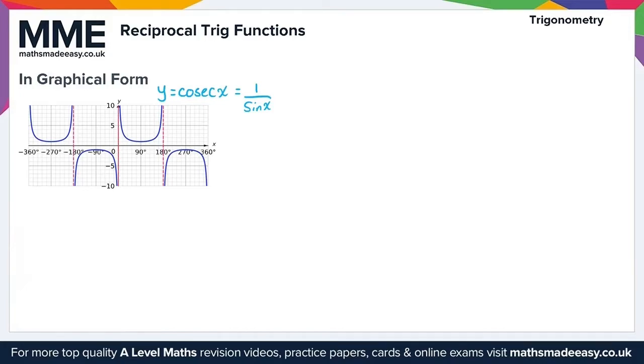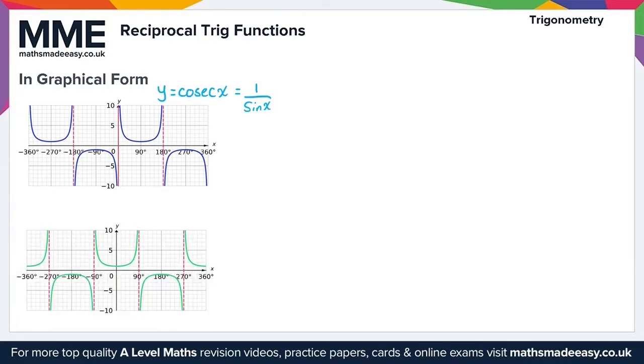Let's take a look then at the second graph that we have. And this is for y equals sec x. So again, let's use an appropriate pen colour here. This is y equals sec x. And again, we can notice straight away that we have asymptotes here. These are now at x equals minus 270 degrees, minus 90 degrees, 90 degrees, and 270 degrees. Again, we can see that using the red indicator lines.